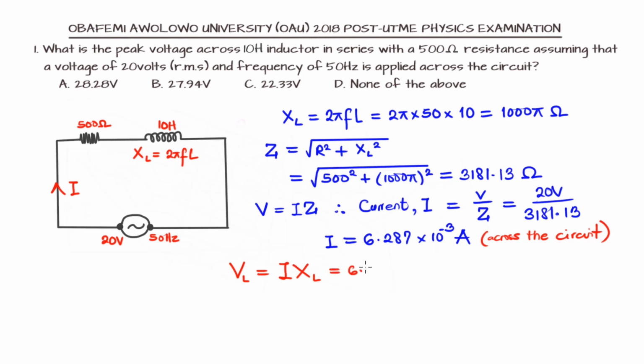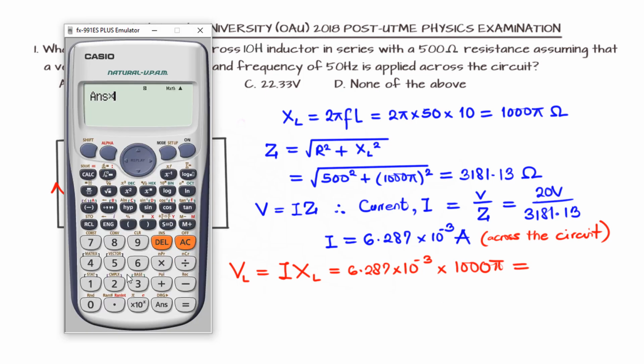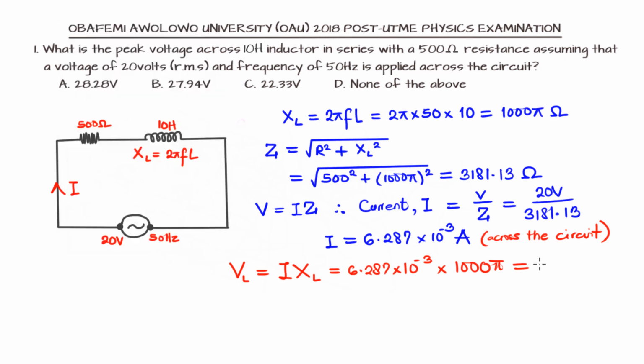And since we know the two values, that will be 6.287 exponent minus 3 multiplied by 1000 pi. That's the value of the inductive reactance. Okay, so if we bring in our calculator, just our former answer multiplied by 1000 pi. That's 19.7514 volts.